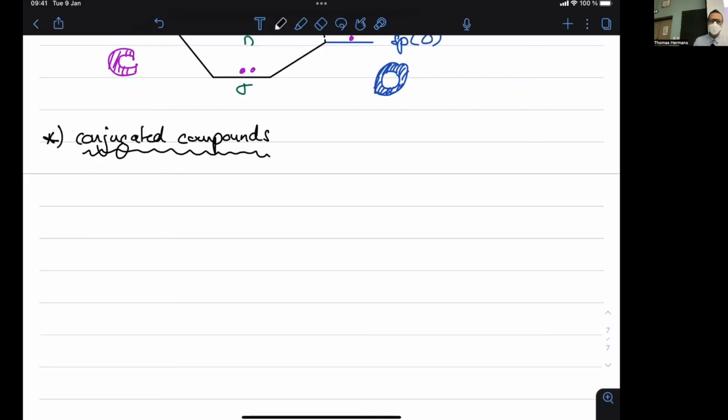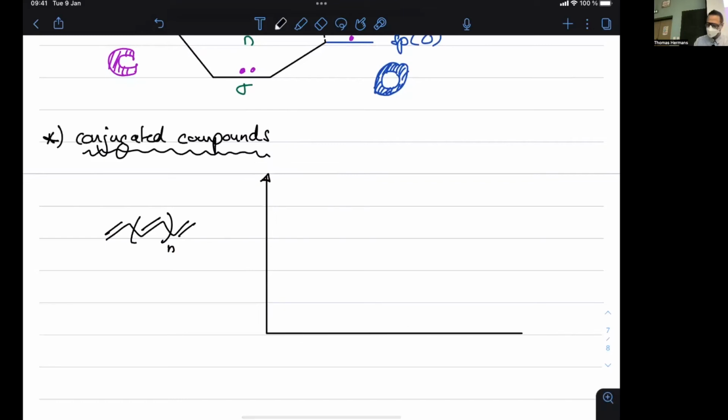So if we look at conjugated compounds, for example, okay, you know conjugation, of course. So what does the absorbance do when I get compounds that are conjugated?